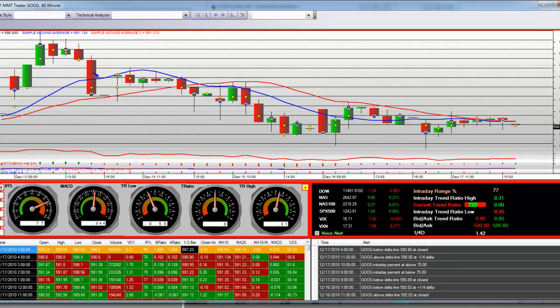Third area of overhead resistance at 597.23. This is on a 60-minute chart. You can see the dates here, starting with that runaway gap on December 13th here. Boy, you had a big bar. Take a look. The low was 594 and the high was 599.83 on the bar.